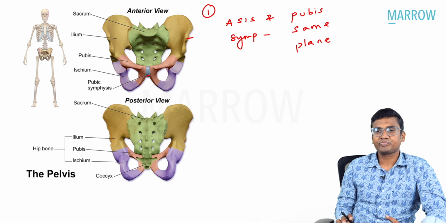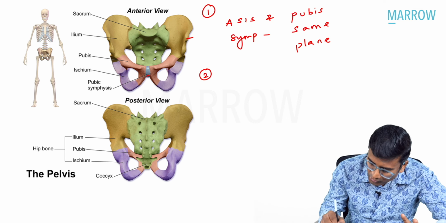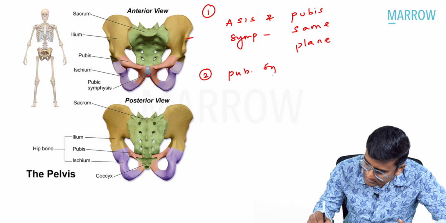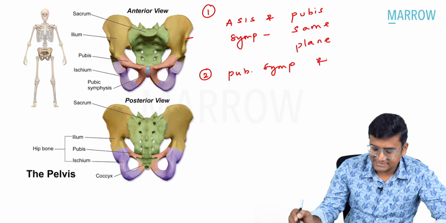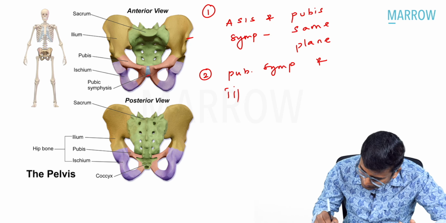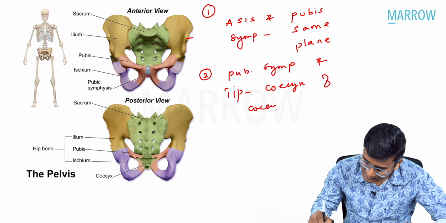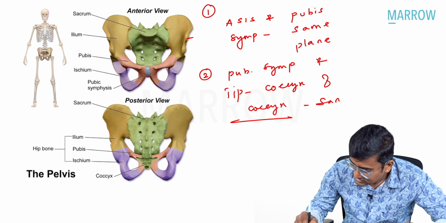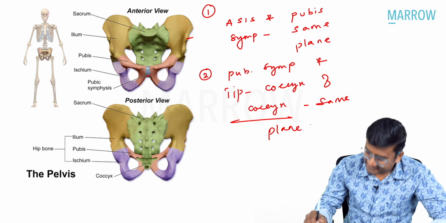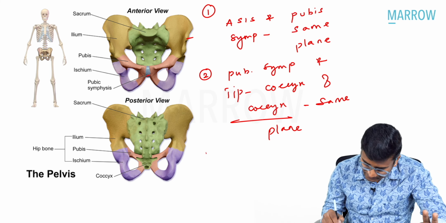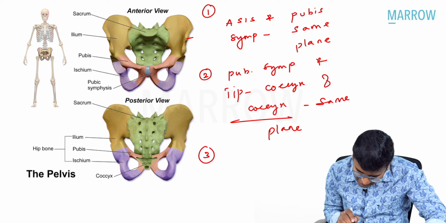First point. Second point, the pubic symphysis and the tip of the coccyx should be in the same plane. Number 3, see here, ischial spine.